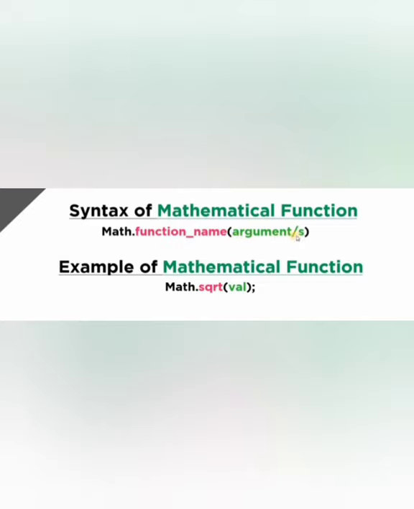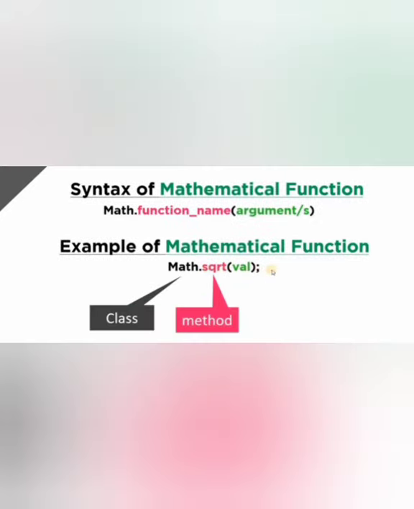Which function? sqrt is a function, max is a function, min is a function likewise. Then the argument means any number. Here Math.sqrt(16), the output is 4. Math is a class, sqrt is a method, and in the brackets the value is any number. This is a mathematical function, so there is a value, a number, that is the argument. Then semicolon, it's important. Understood?